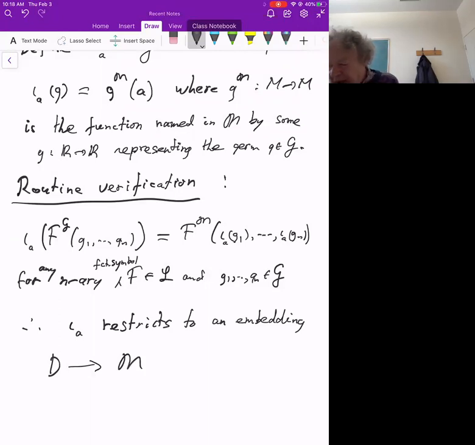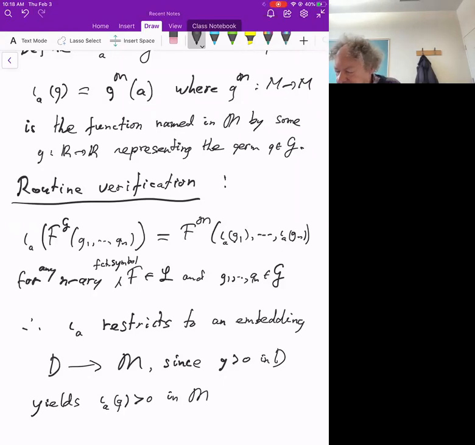Why is it an embedding and not just a homomorphism? Well, if you have G bigger than 0 in D, since G greater than 0 in D yields iota A G greater than 0 in M.